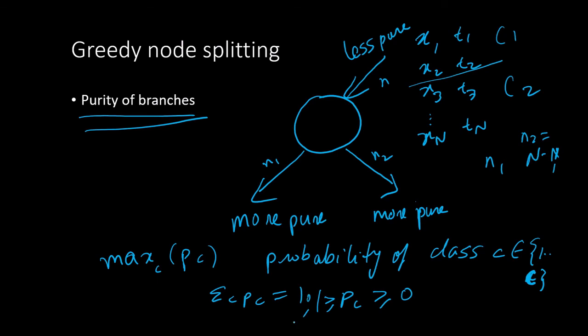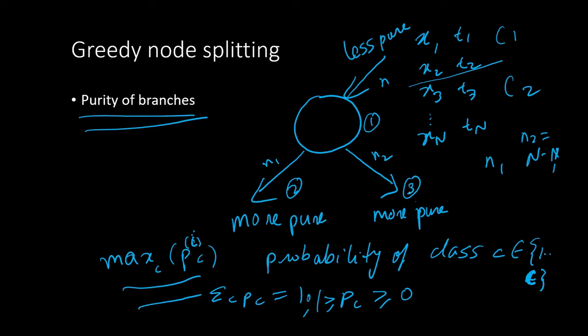We want max PC to be very high, so that means it is very pure. So what is PC? PC is the probability of the classes that are coming to, let's define this a bit, the ith node. So this is node 1, this could be 2, this could be 3.